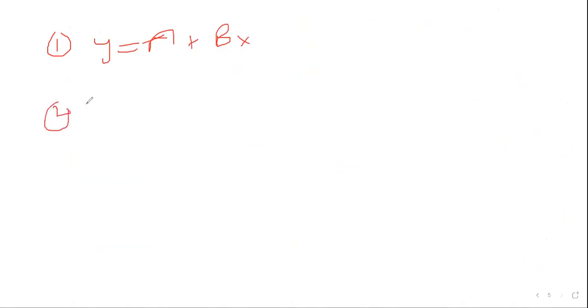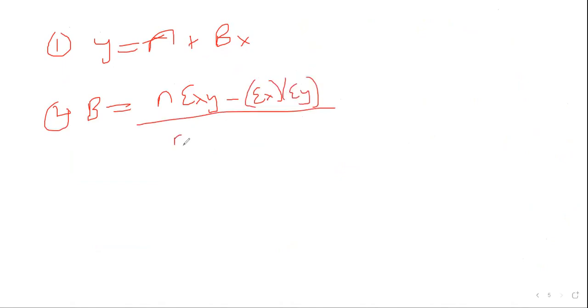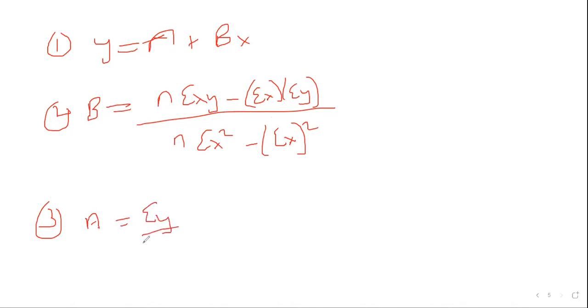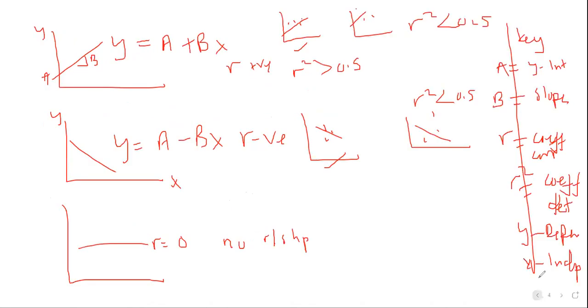Number 2, to find the slope: the slope is given by n times the summation of xy, minus the summation of x times the summation of y, over the denominator. Then our A is given by the summation of y over n, minus the b that we just calculated times the summation of x over n.